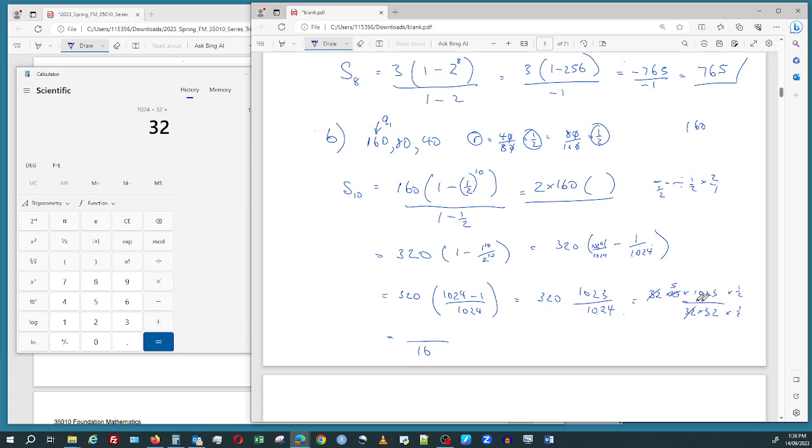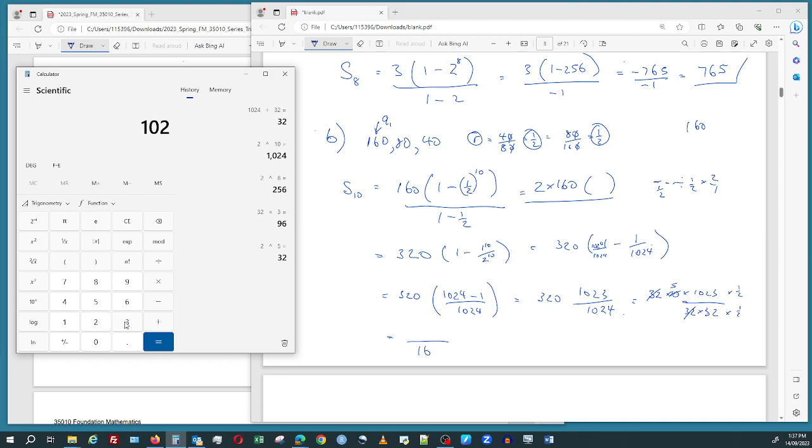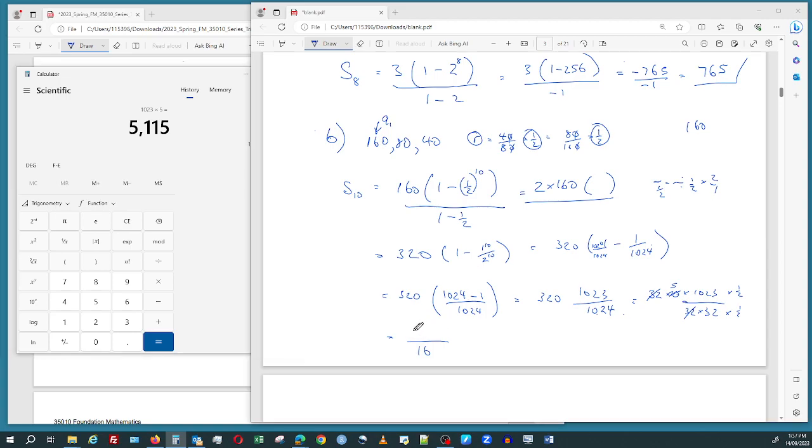So now we've got 5 times 1023 on 16. So 1023 times 5. It's always a bit like that, isn't it? So we get 5115 over 16. So there's our question 4. Very good.